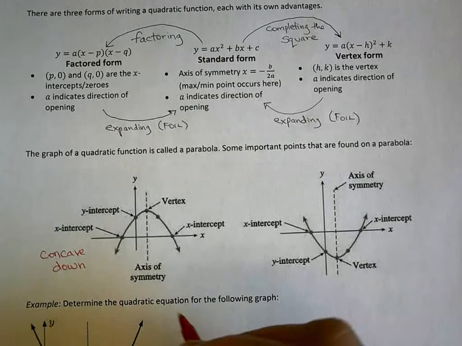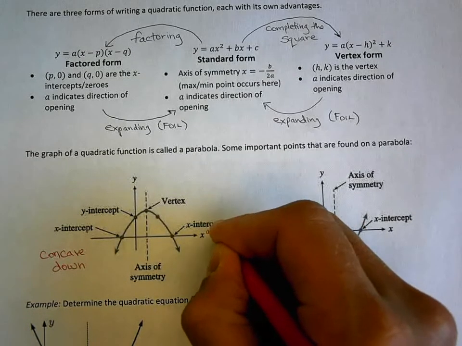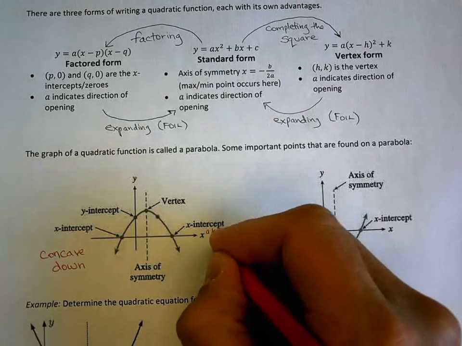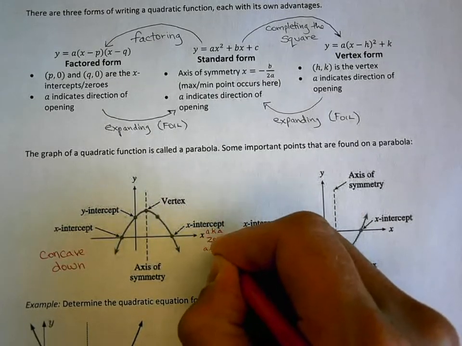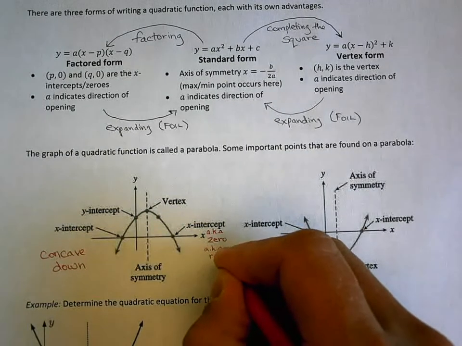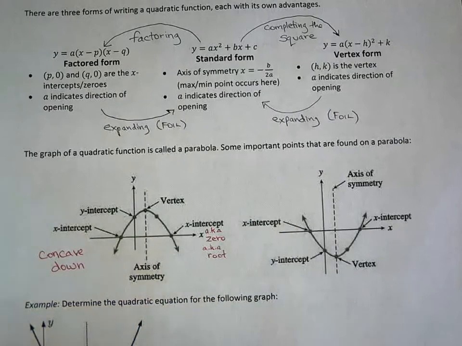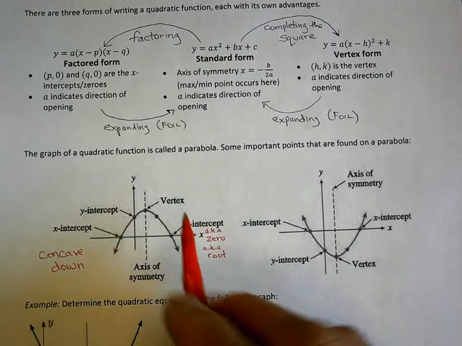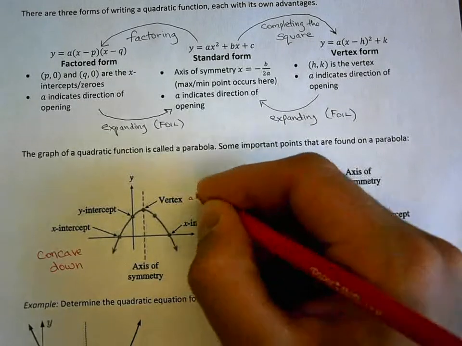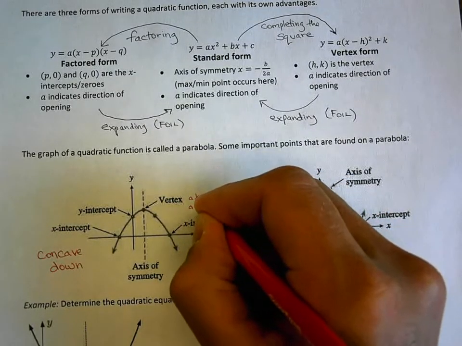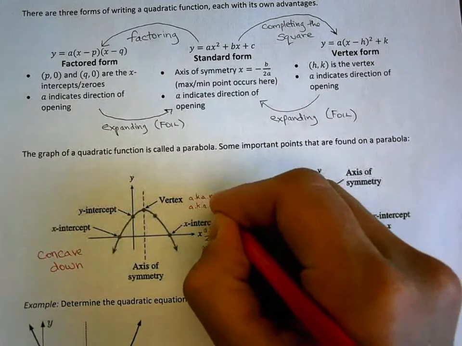Some other terms you might hear in IB, or in any math class, we might call the x-intercepts also the zero, or aka means also known as, or we call it the root. So x-intercept, zero, root, they all mean the same thing. The vertex, in this case, we would call it the maximum, or something you might hear in IB, not so much in other classes, is the turning point.